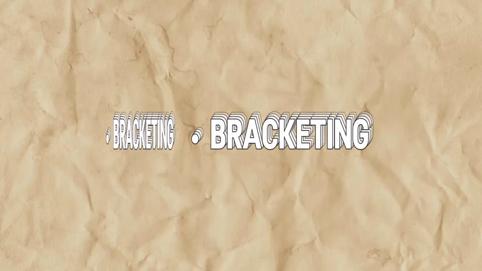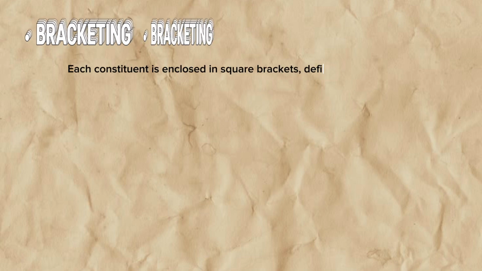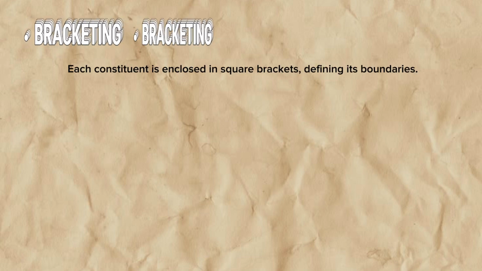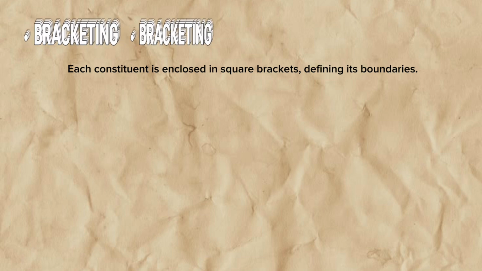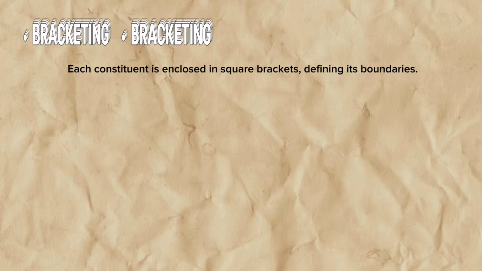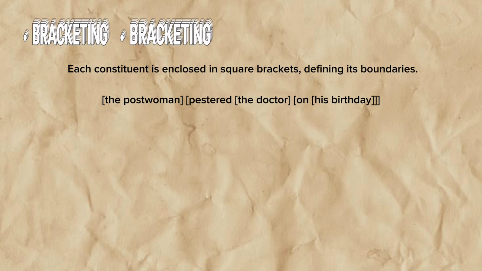Linguistic structures can be represented using bracketing, an alternative to tree diagrams. Each constituent is enclosed in square brackets defining its boundaries. For example, the postwoman pestered the doctor on his birthday.